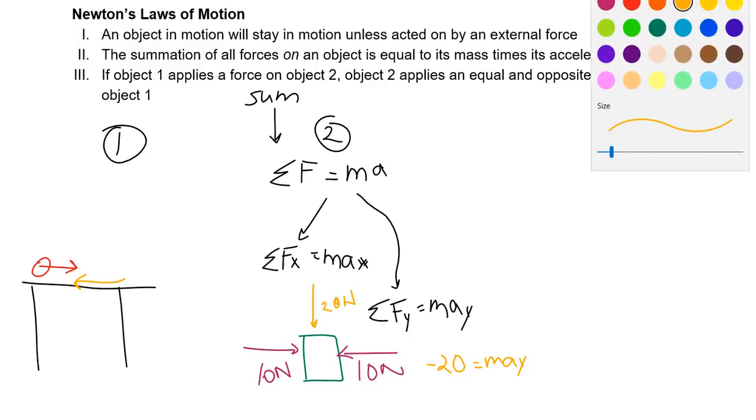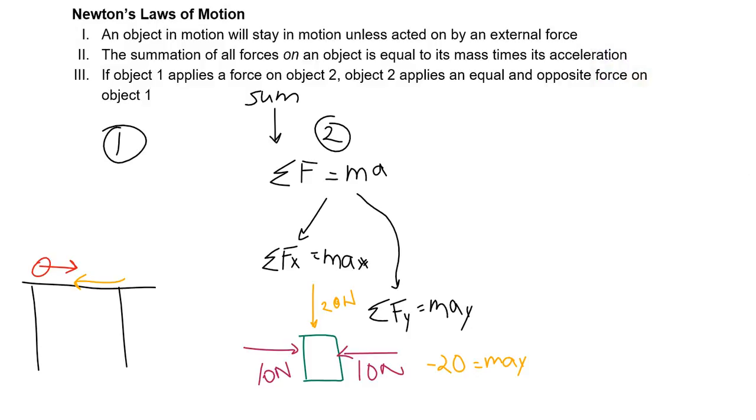A lot of times we're going to see forces that are in both the x and y directions, with some angle relative to the horizontal or vertical. In this case, we're going to have to use trigonometry again to separate a force like this into its x and y components.